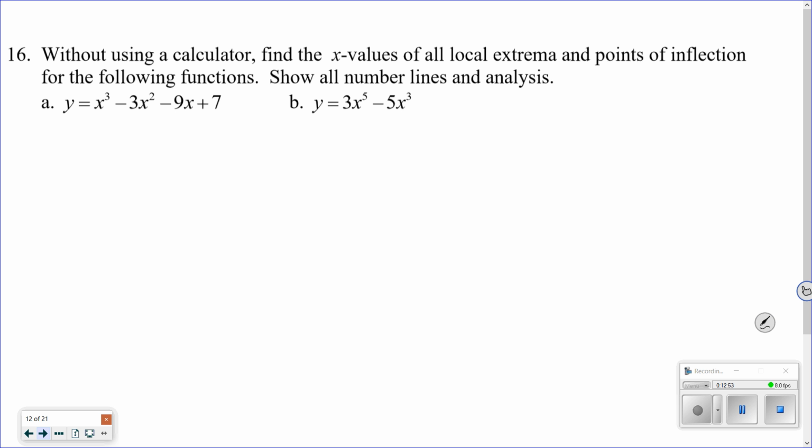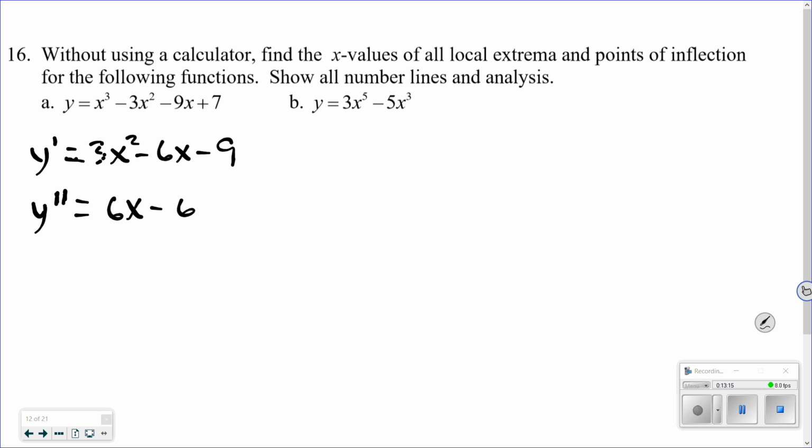So let's do 16a. So let's start with the first derivative. So y prime equals 3x squared minus 6x minus 9. Let's just find the second derivative while we're at it. So that would be 6x minus 6.